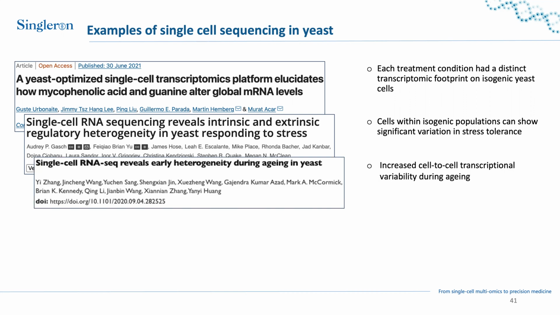So in this third example, the authors used single cell sequencing of yeast for aging research. They did a systematic and quantitative investigation into yeast aging and studied yeast at different ages.